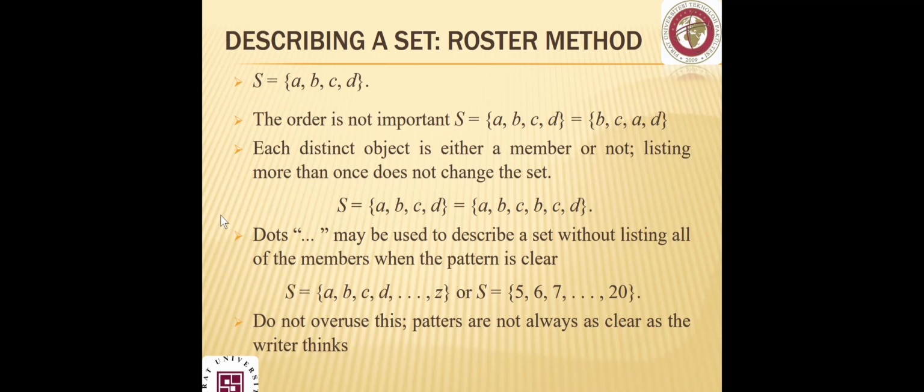We may use these three dots notation to refer to continuity. What does it mean? If I'm referring to the English alphabet, I can say A, B, C, then three dots, comma, of course, then Z. That means from A to Z. Or, for example, if you are counting from 5 to 20, you can say 5, 6, 7, then three dots, then 20.